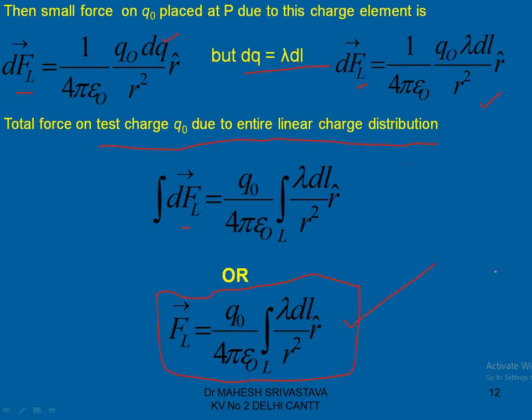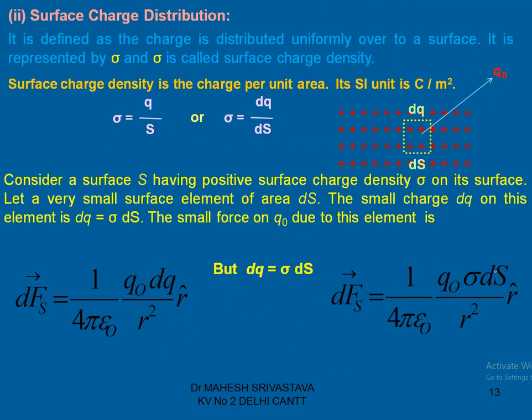Similarly, we define surface charge distribution. In linear charge distribution, the charge is distributed linearly over a line, and here charge is distributed uniformly over a surface, and that is known as surface charge distribution.